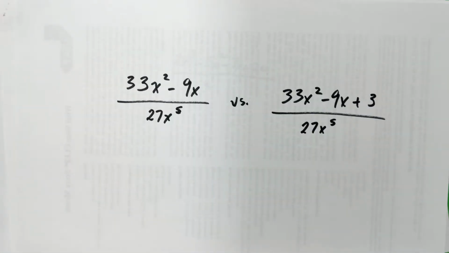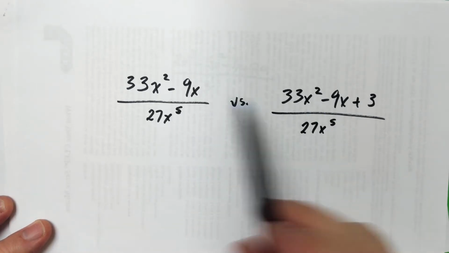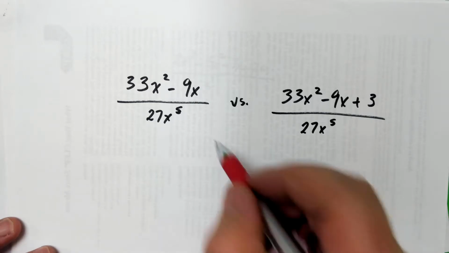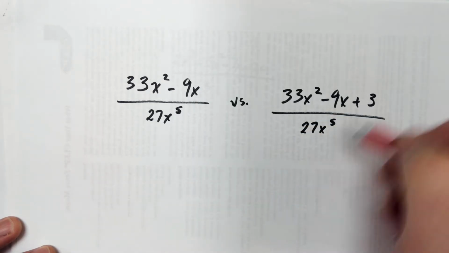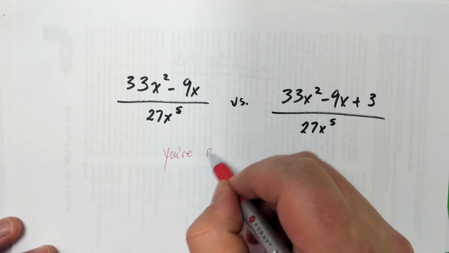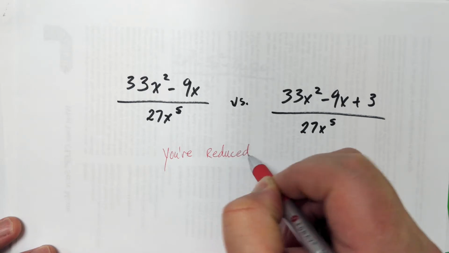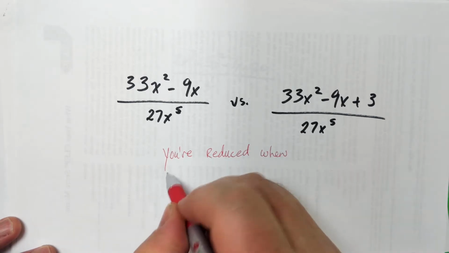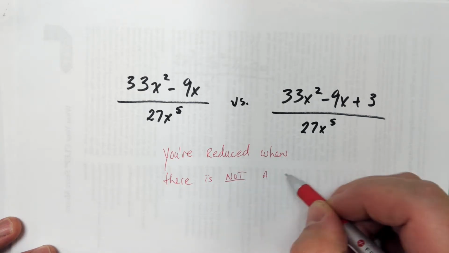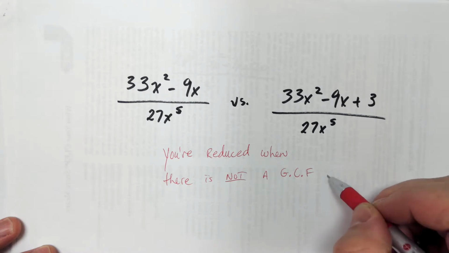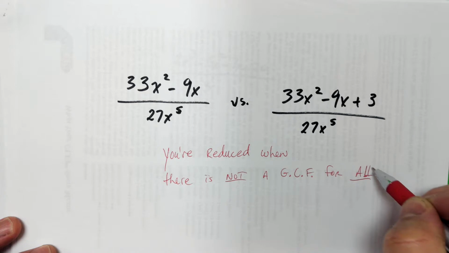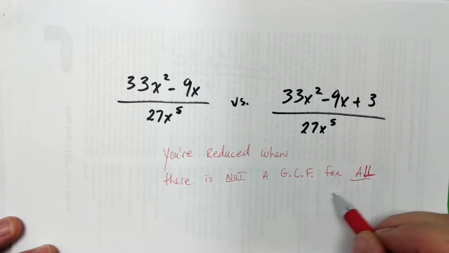So the first topic is reducing, right? How do we know when we're done reducing something like this? So here's the idea. I'll put it in words, and write it underneath. You're reduced when there's not a greatest common factor for, and this is a key word right here, all terms.